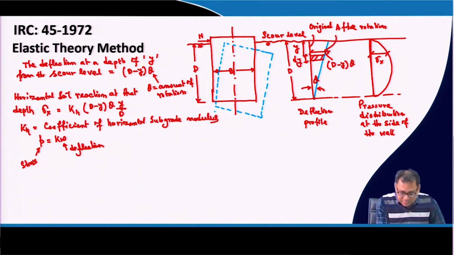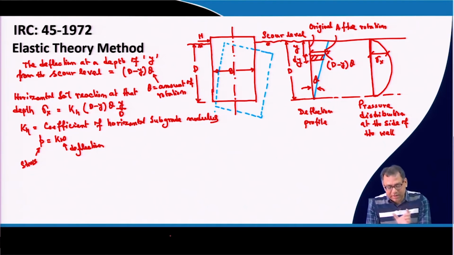So, here also k h is the modulus of subgrade reaction and d minus y into theta is the amount of deflection. So, deflection into the coefficient of horizontal subgrade reaction gives the stress.